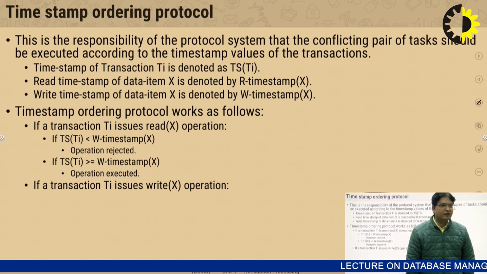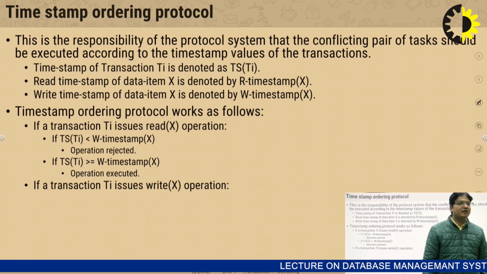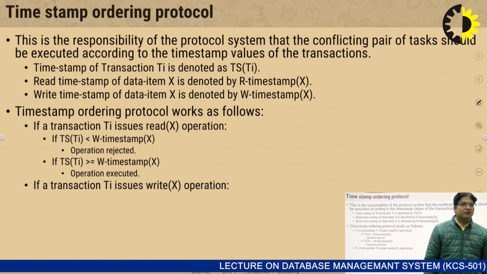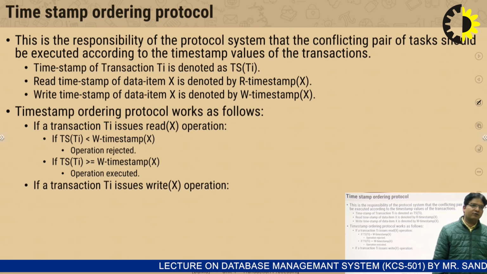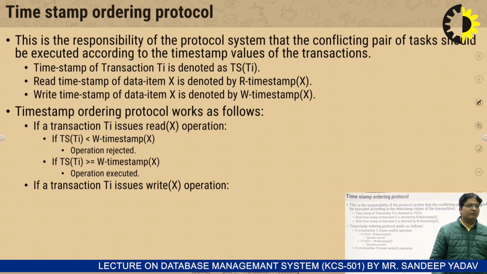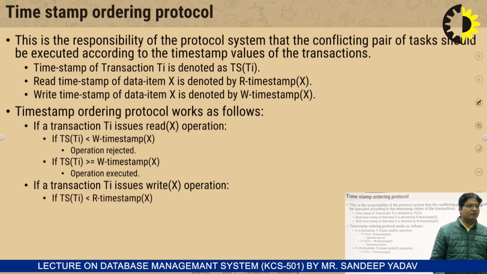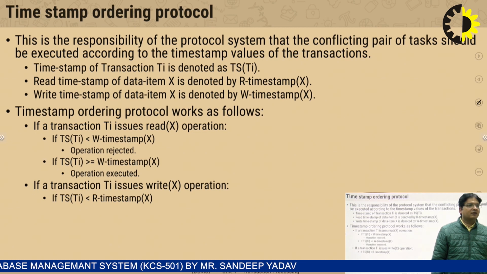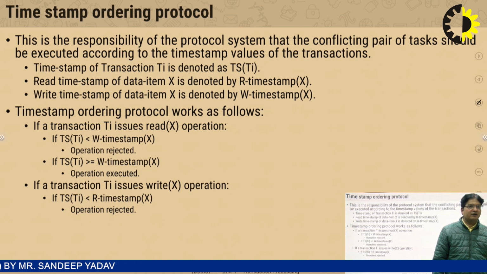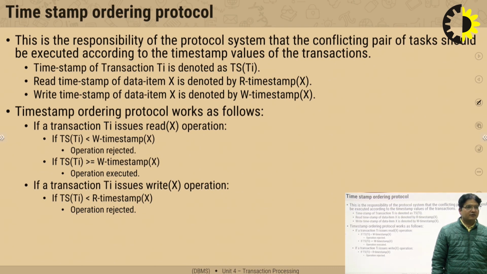Now the second case is if a transaction Ti issues a write X operation. Whether that operation will be successful or not is again determined by comparing the various timestamp values. If TS(Ti) is less than the read timestamp value, then the operation shall be rejected, as a younger transaction has already read the value and this write is not at all required.